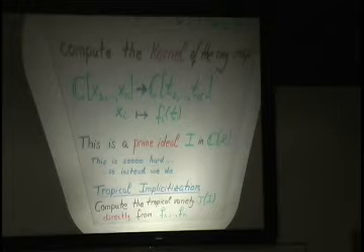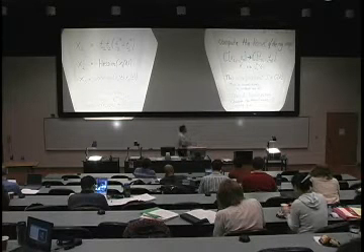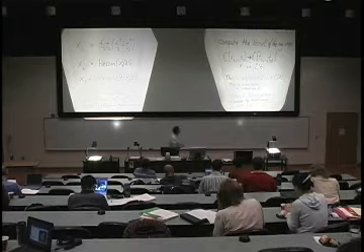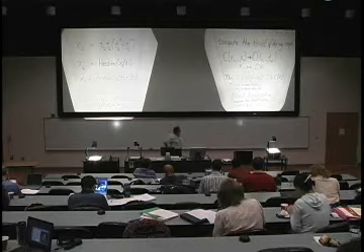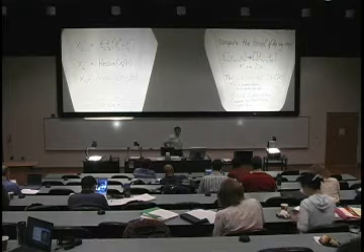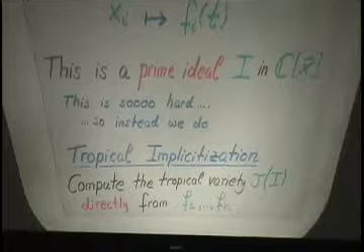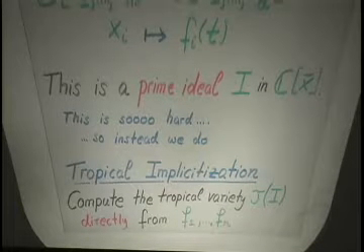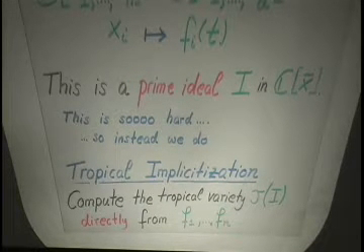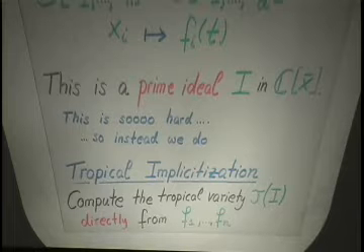So I may not be able to write down or compute in finite time a single non-zero polynomial in I, but there is this prime ideal out there. Now this prime ideal has a tropical variety, trop of I, and the goal of tropical implicitization is to compute the tropical variety directly from f1 up to fn, directly from the map.